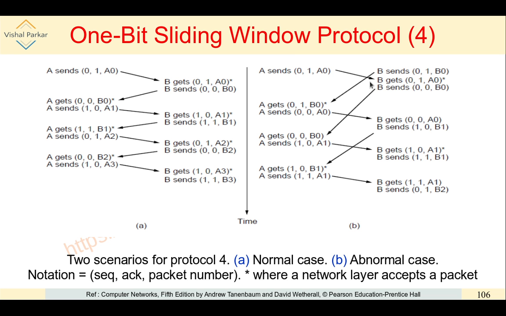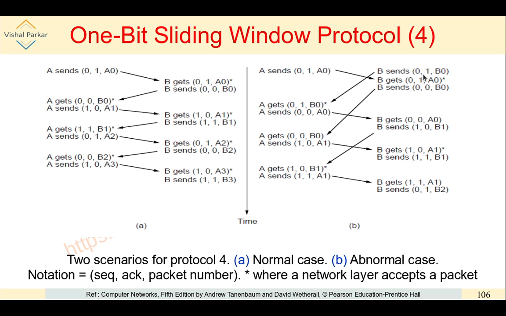So the next event is B gets the frame that has just been sent by A, 0, 1, A0. So it is the frame which is not already received. That's why the network layer is given the packet with value A0. Now after that, B sends 0, 0, B0, because it retransmits the first frame.